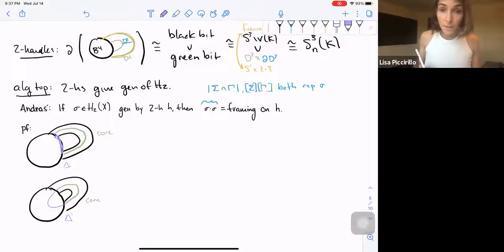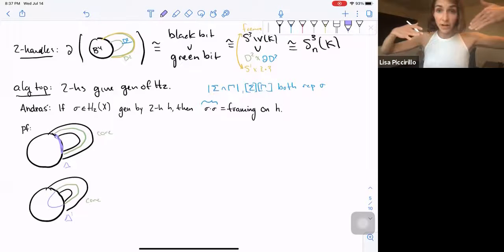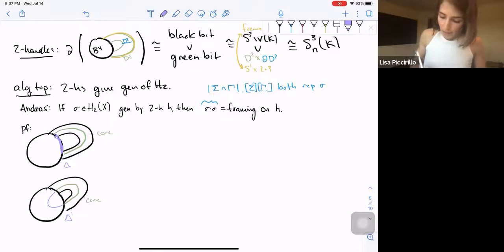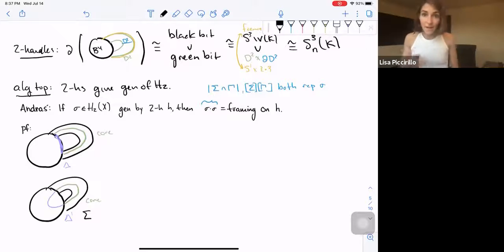We'll call it delta prime. So we're not moving the boundary, and we're just pushing everything else into the four ball a little bit. And the union of these two surfaces here is going to be our surface sigma. All right, and that certainly gives a generator of H2 of this manifold. So that was easy. That was sigma.